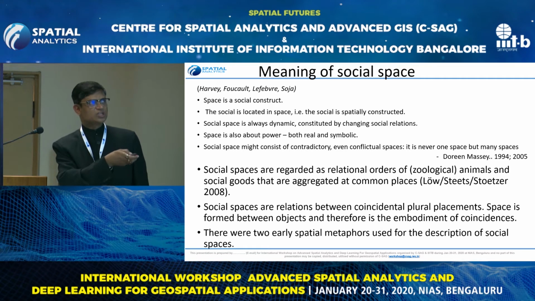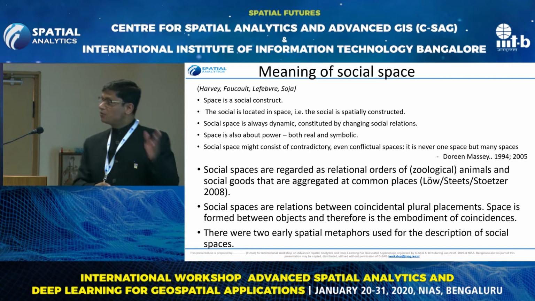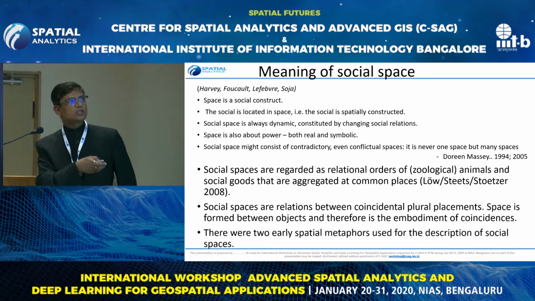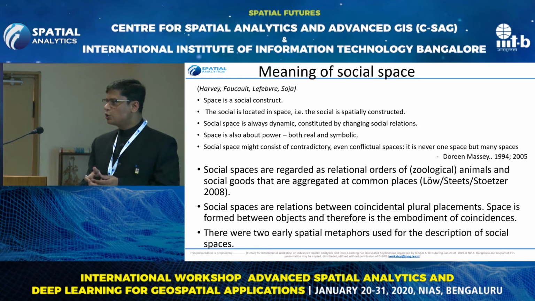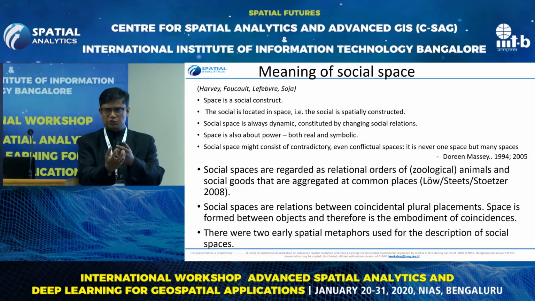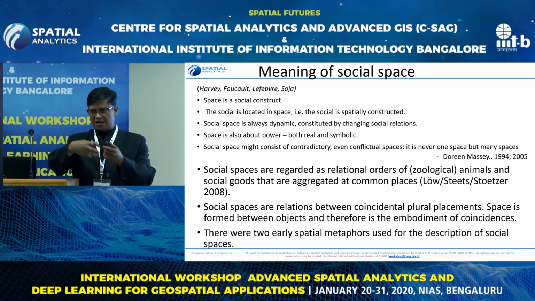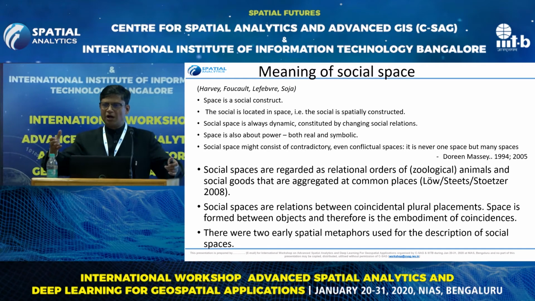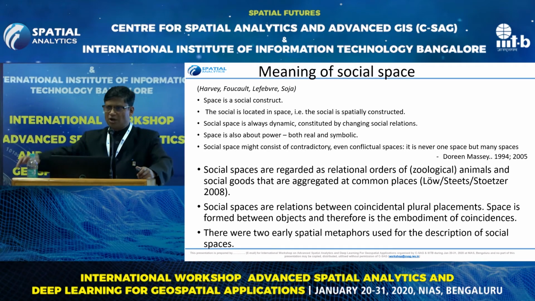This definition emanates from that. Then there was another group of researchers in Germany working on space, and they say that social spaces are regarded as relational orders of animals and social goods that are aggregated at a common place. So according to them, any space is society driven. Take a case of a big watershed.